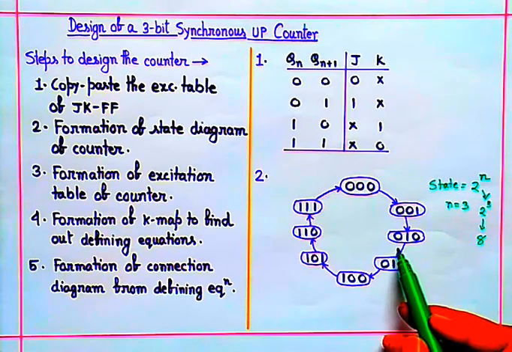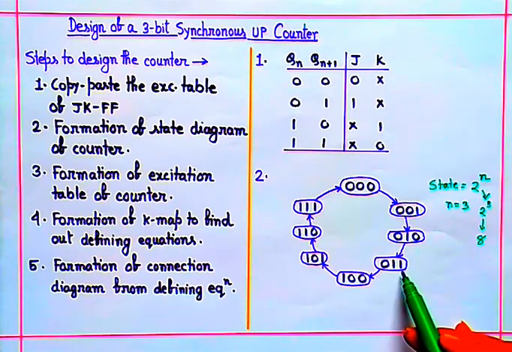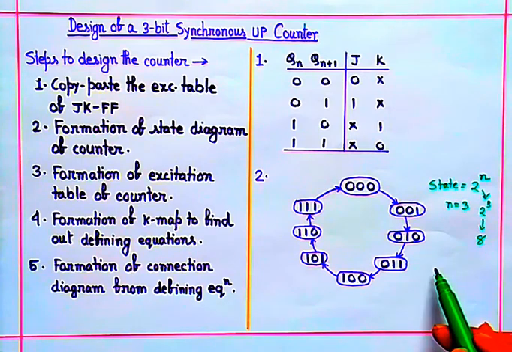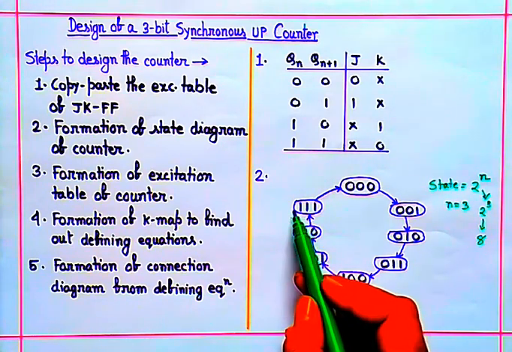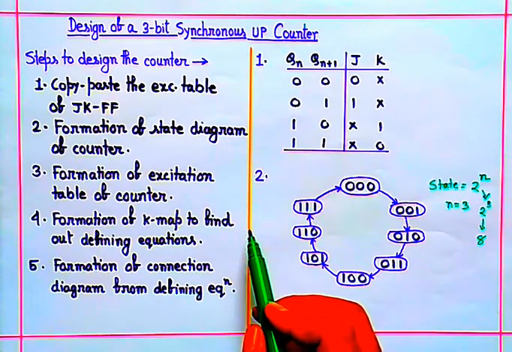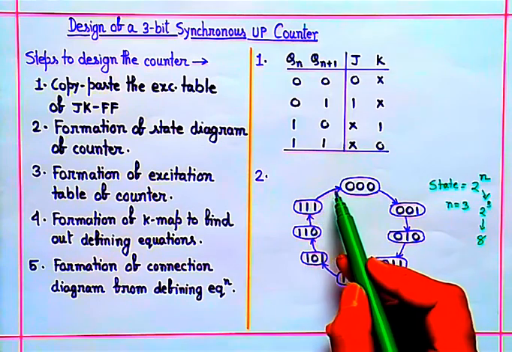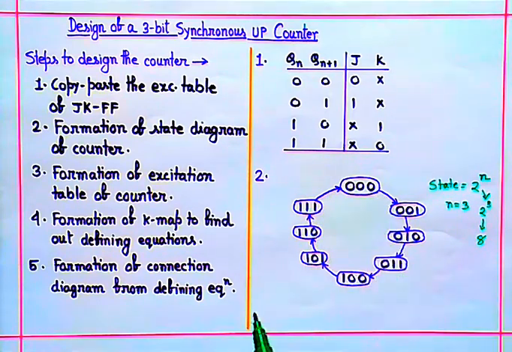Then it will count 0, 1, 0, in decimal it is 2. Then 0, 1, 1, in decimal it is 3. And then up to 1, 1, 1, in decimal it is 7. And after 1, 1, 1 it will again count 0, 0, 0. In this way the circle will continue.